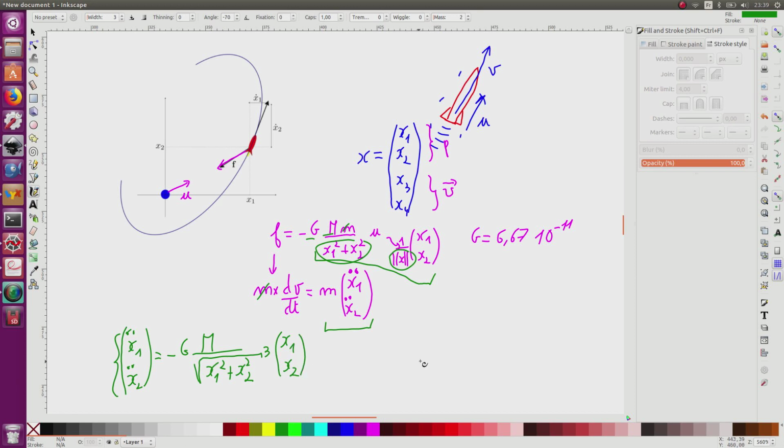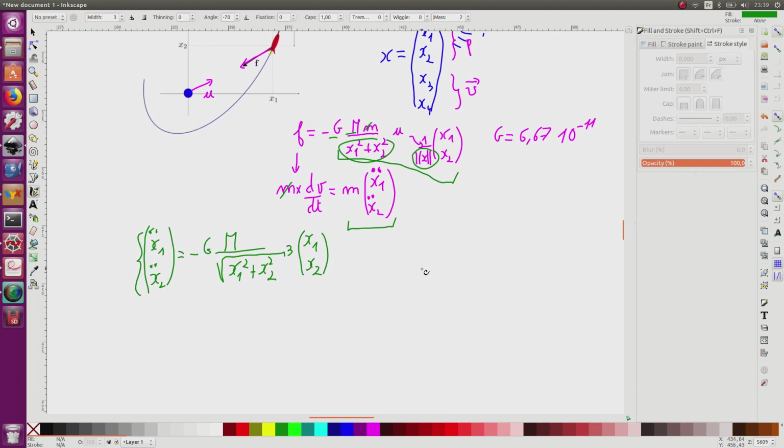If now I set alpha to correspond to this, then I obtain the following state equation.